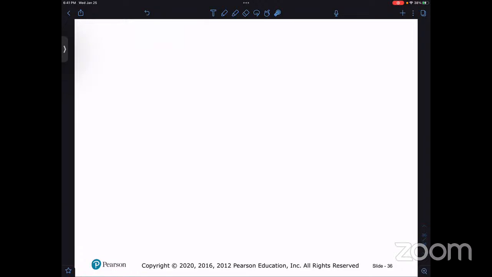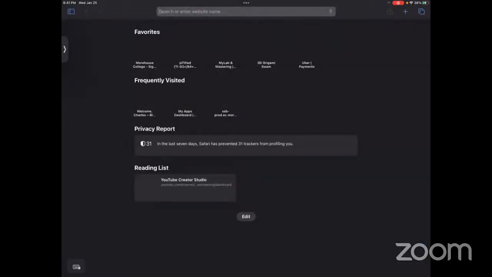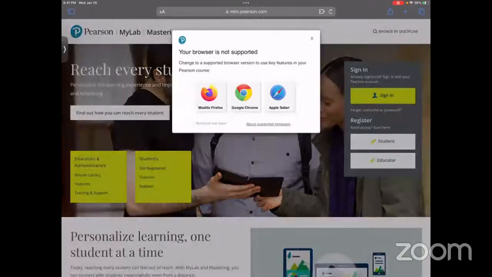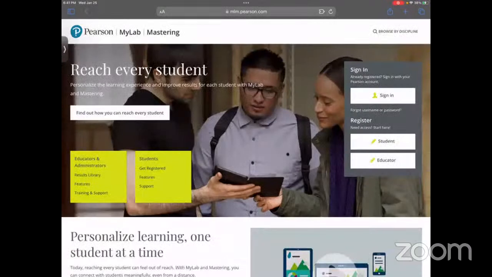So let me take a moment to log into Pearson. Let me just close all these. Okay, let's go to Pearson. I am working on an iPad, and this does work with iOS. If it gives you trouble on iOS, you have to allow cookies for Pearson, and you have to allow pop-ups in order for it to work.